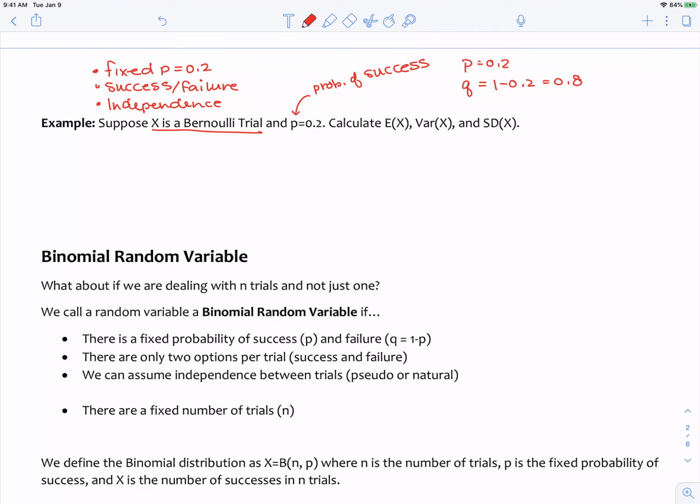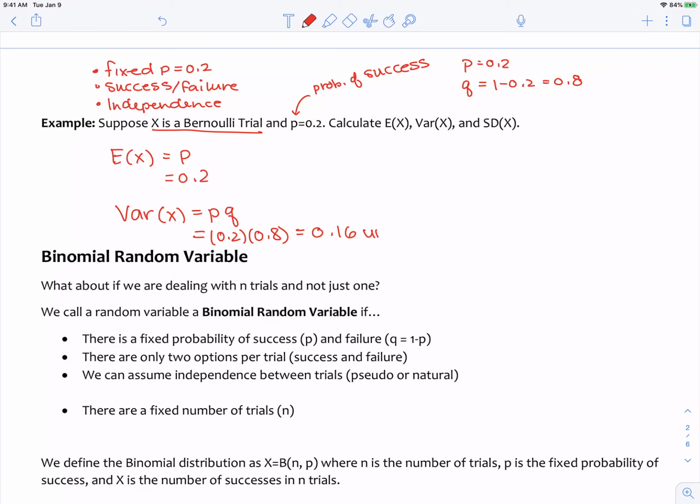Okay, so we know we have those, and now we want to find E of X, remembering that is just going to be equal to P, so that's going to be equal to 0.2. We know that the variance of X is equal to P times Q, so that is 0.2 times 0.8, which is equal to 0.16.